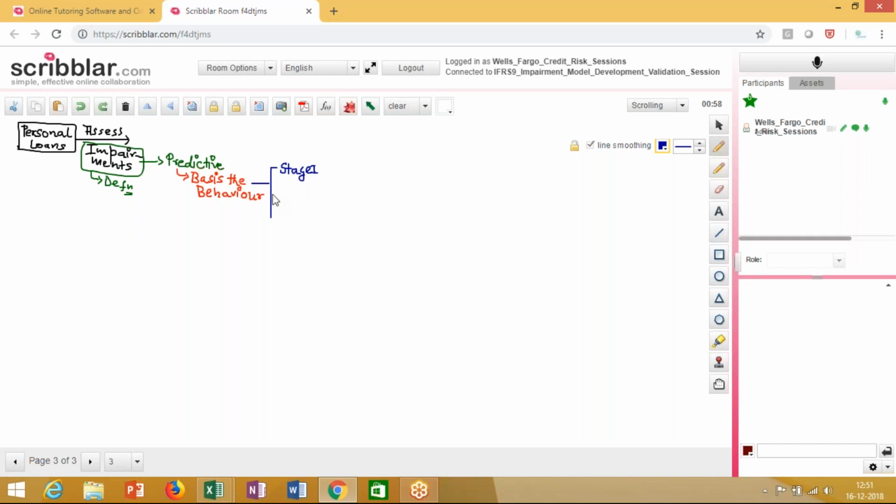The next is stage two. The third is stage three.